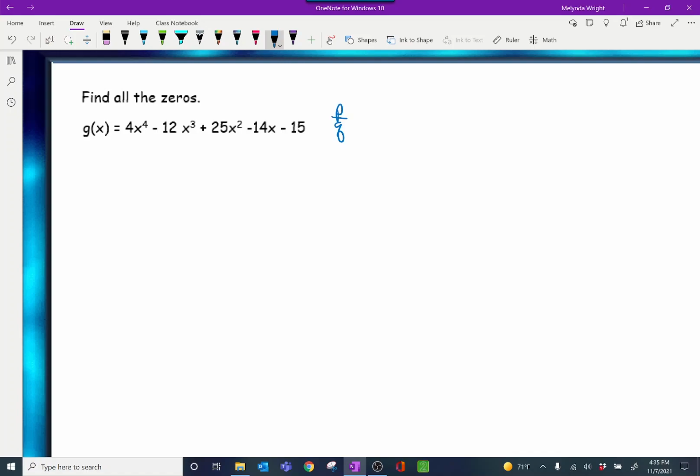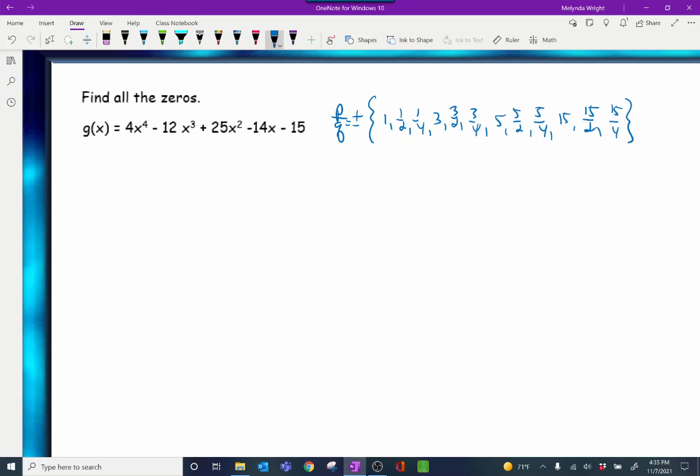The possibilities, all p over q, would be plus or minus 1, 1/2, 1/4, 3, 3/2, 3/4, 5, 5/2, 5/4, 15, 15/2, and 15/4. So we already did that work on the previous page. So those are all of our possibilities.